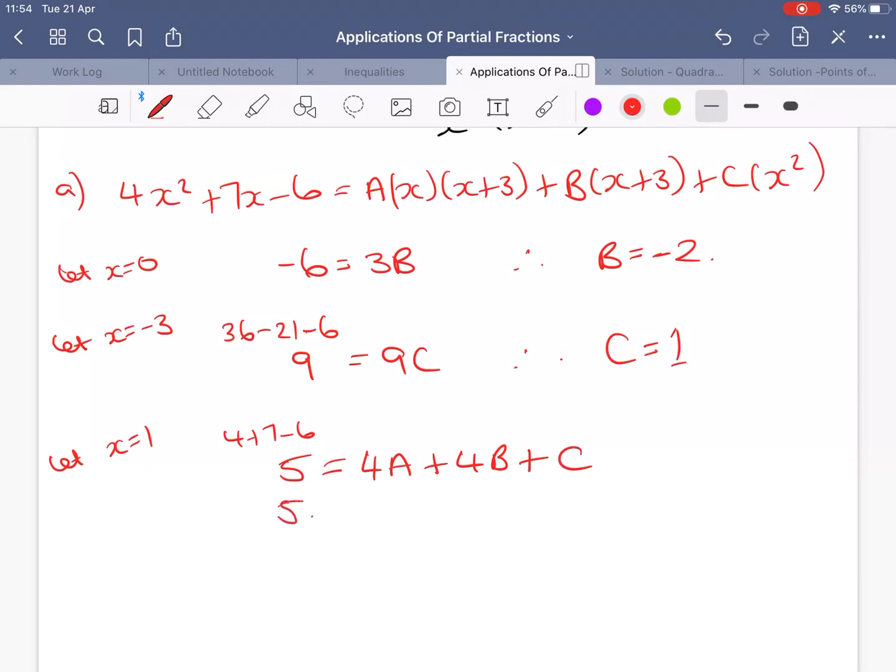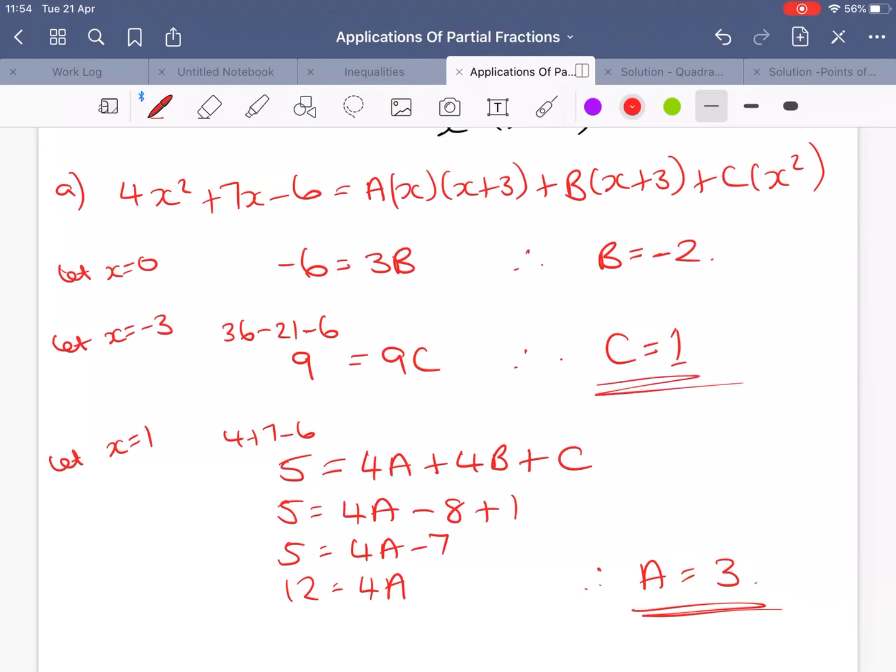So I've got 5 is equal to 4a plus 4b. Now b is minus 2, so that's going to become minus 8 plus 1. So I've got 5 is equal to 4a minus 7. 12 is 4a. Therefore, a is equal to 3.